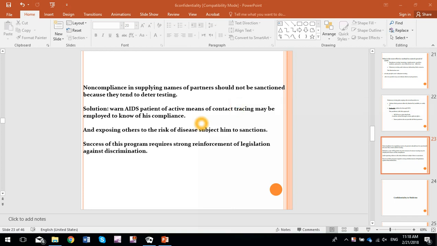Now, the solution here is that we warn the AIDS patient or the HIV positive patient that active means of contact tracing may be employed to know of his compliance. We can tell this patient who is HIV positive, okay, you are responsible for telling your partners, and we have our means to verify whether you told them or not.